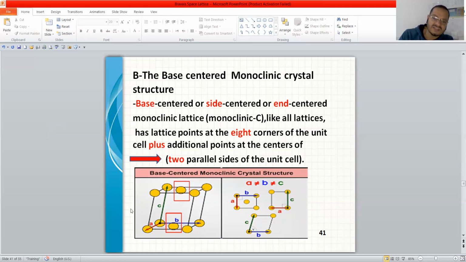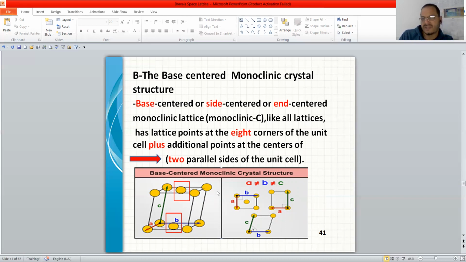This image can illustrate the situation. Here I have 2 centers perpendicular to each other, and I have extra atoms in these two perpendicular centers. A, B, C don't equal each other.